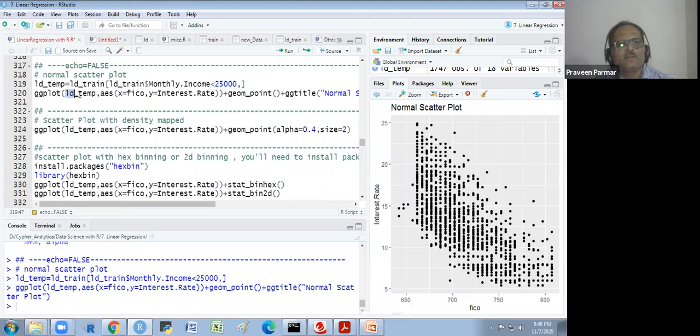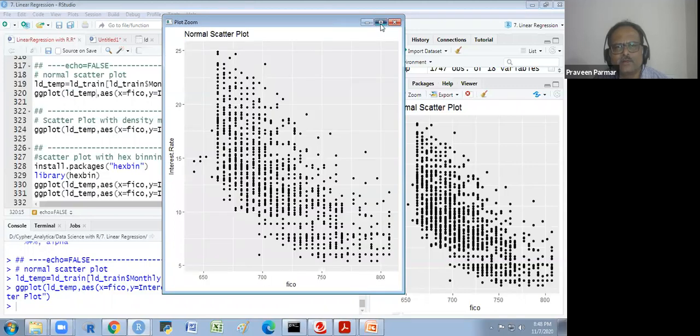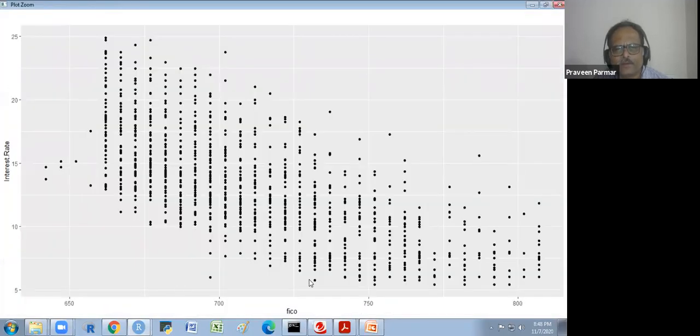The aesthetic X is FICO, Y is interest rate, with geom point and geom title, normal scatter plot. I will just show you that.